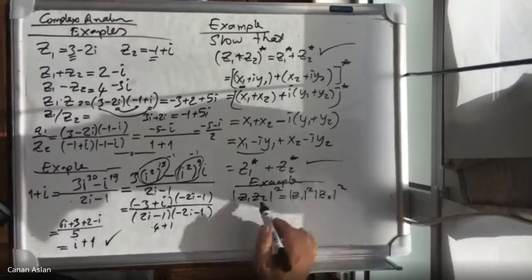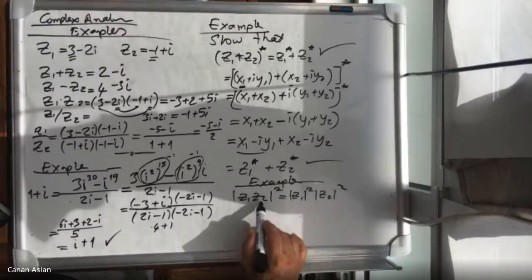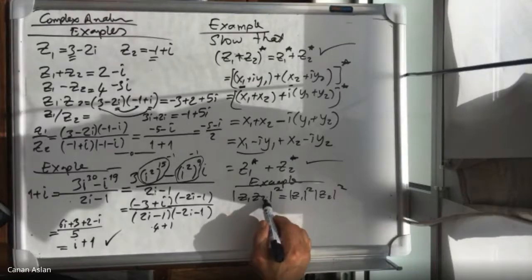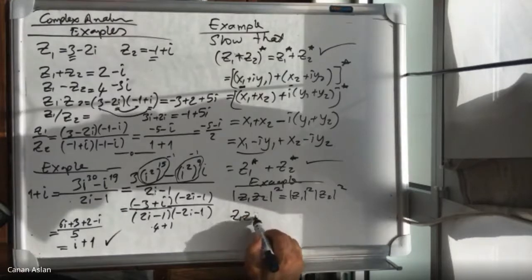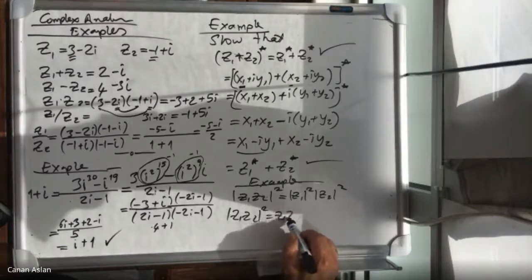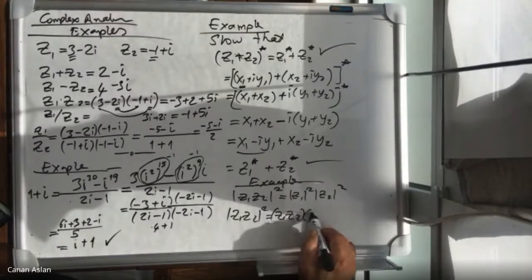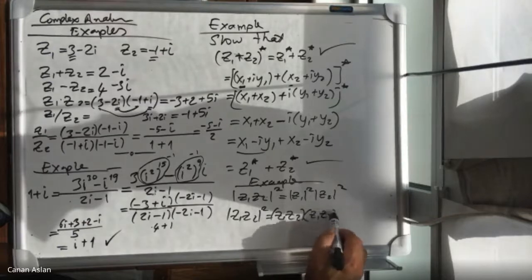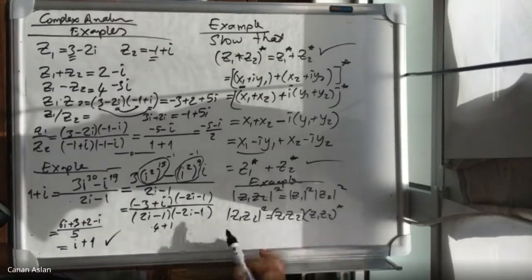So now, how do we do this? The product of Z1 and Z2. If you have this product, we know that Z1 times Z2 magnitude squared is just the product of Z1 Z2 and its complex conjugate, Z1 Z2 complex conjugate. That's how we did this.